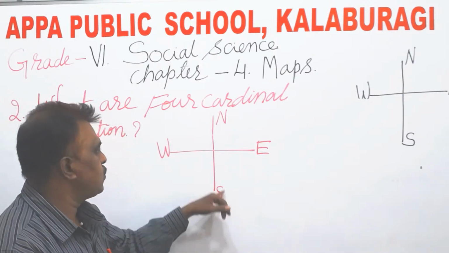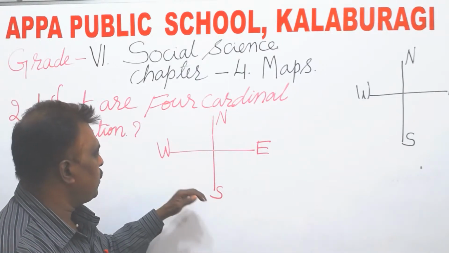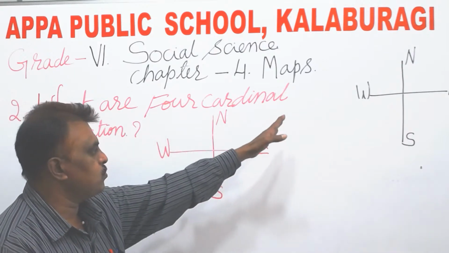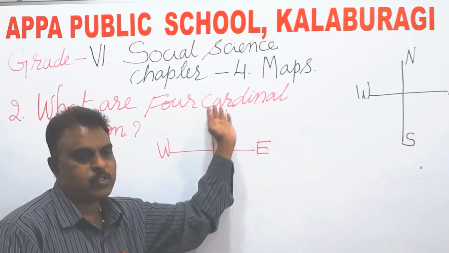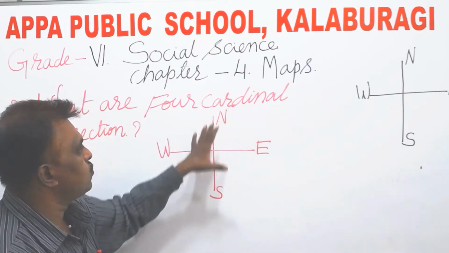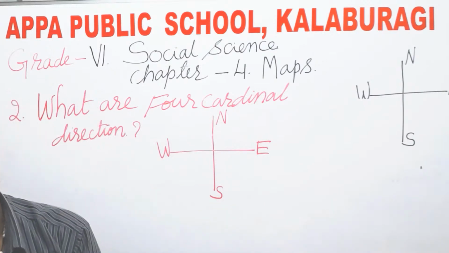So in this situation, on the north side we have Jammu Kashmir, and on this side we have Gujarat, and on this side we have Manipur, Nagaland. All these things are there. By these four directions, you can identify where the maps are, and you can study them. It's easy for you to identify.